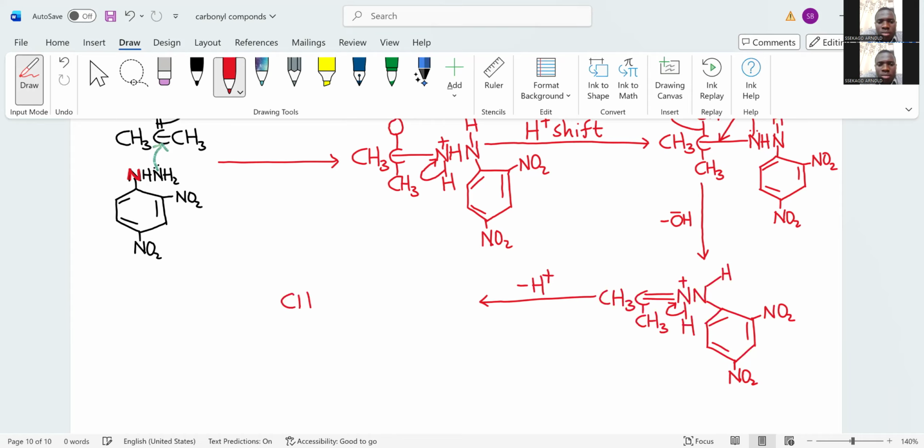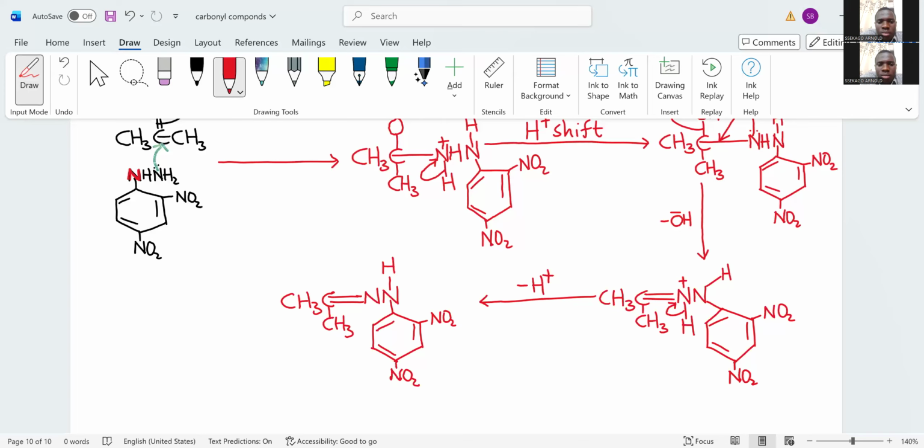CH3, C, CH3, double bond with N. There's also another N which carries hydrogen, and this N carries the benzene ring like that at position 2, also at position 4.